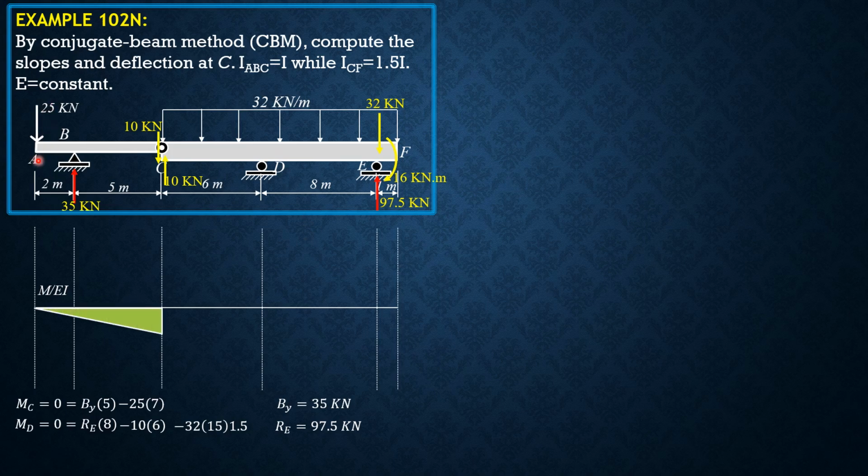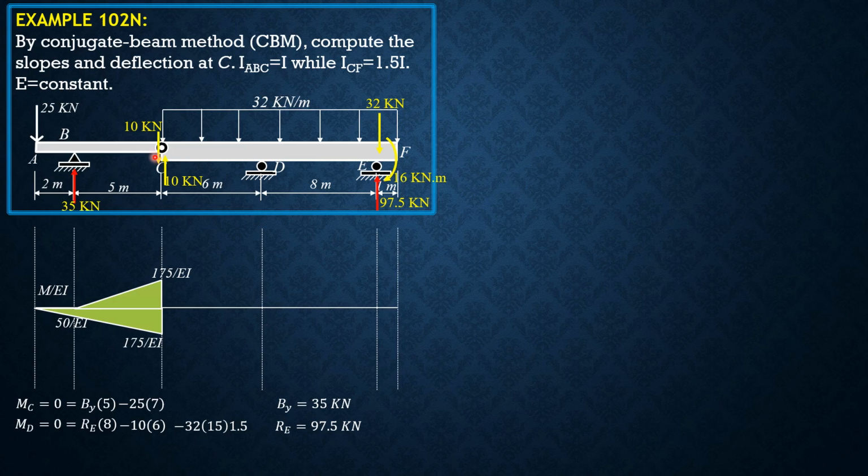So 25 times 2 is 50 over EI. 25 times 7 is 175 over EI. 35 times 5 is also 175 over EI.